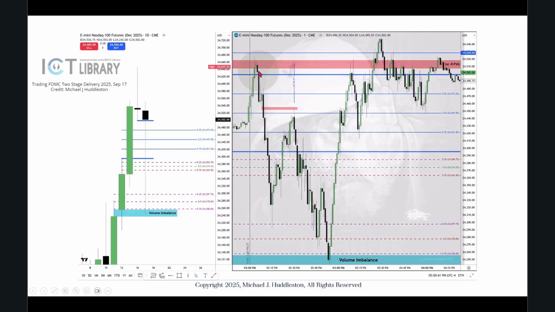So again, all this is high to low, 3/4 pullback, optimal trade entry, fair value gap, model 2022. Unfinished business, and then unfinished business down here in the volume imbalance. So the market trades up here.